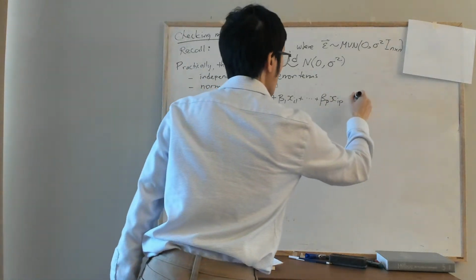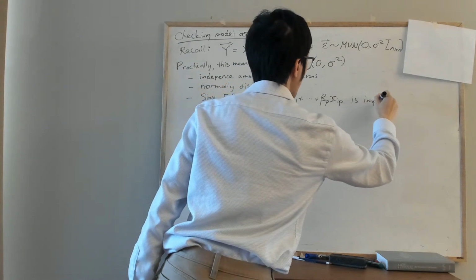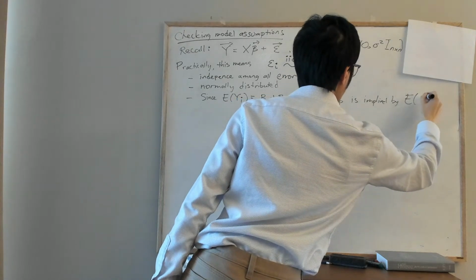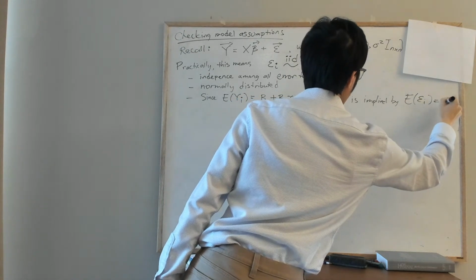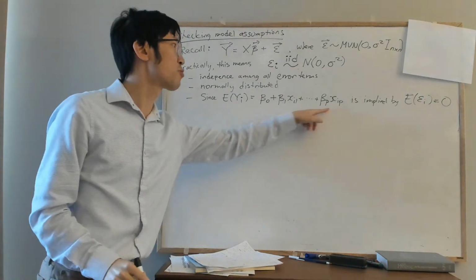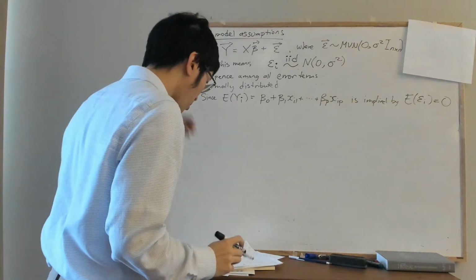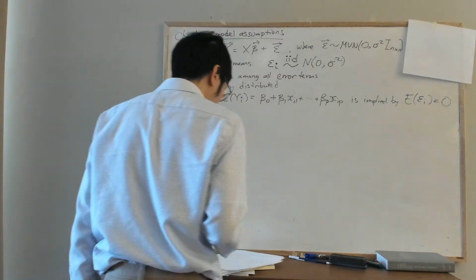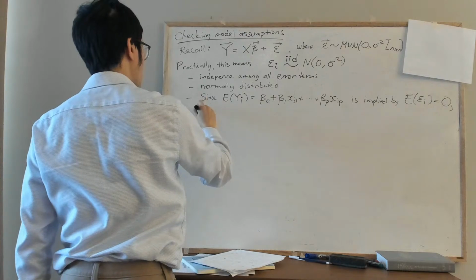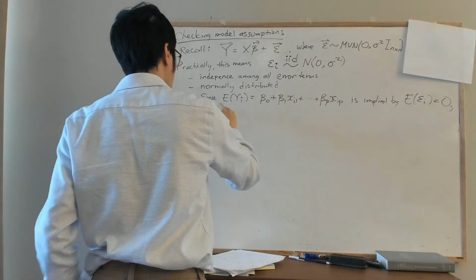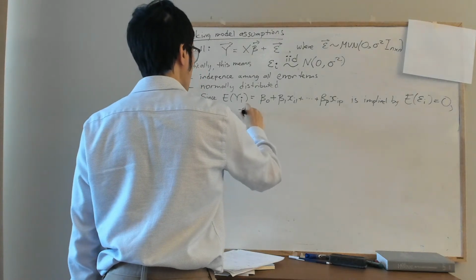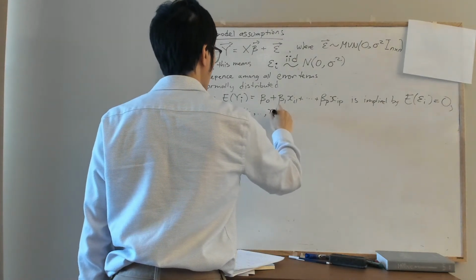Zero mean error implies that on average y is correctly described by this model, for any values of the x's, x_i1 up to x_ip.